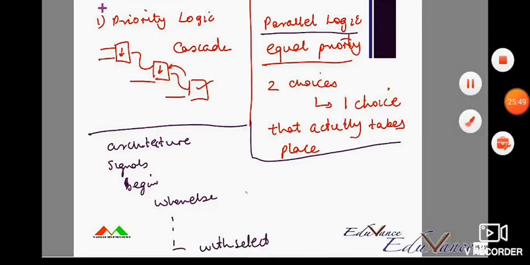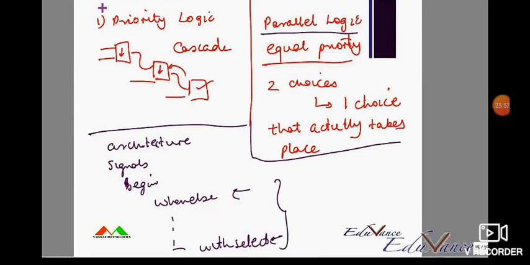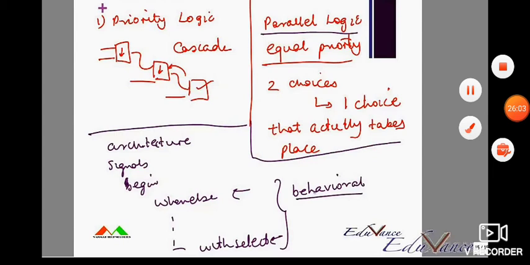So you can have a combination of both. Again, if you observe, both these styles of writing statements are behavioral. So I hope that you are now starting to understand the importance of writing behavioral.